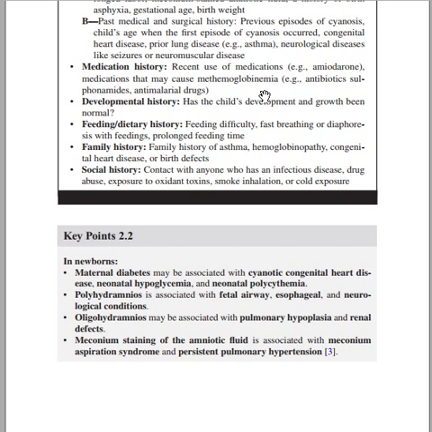So Fe3+ is the one that results in methemoglobinemia. The child does not have deoxygenated hemoglobin, which is perceived as true cyanosis, but instead has a false cyanosis as a result of methemoglobinemia. It can also be produced by antibiotics, sulfonamides, and anti-malarial drugs, along with amiodarone.